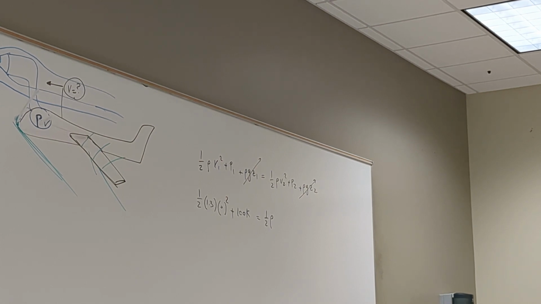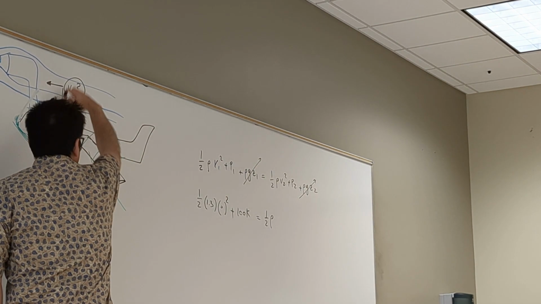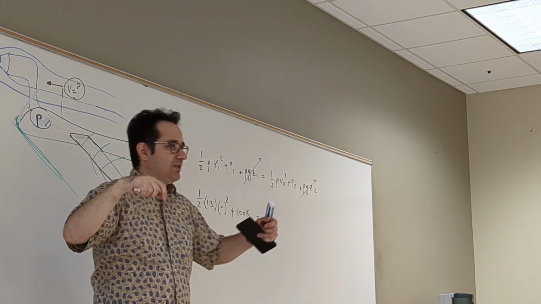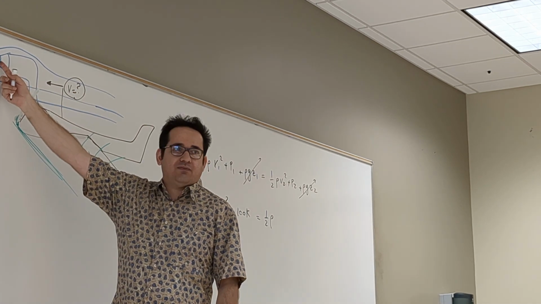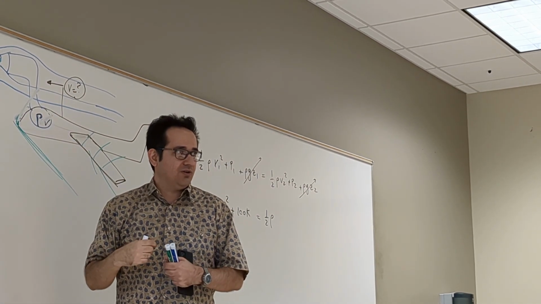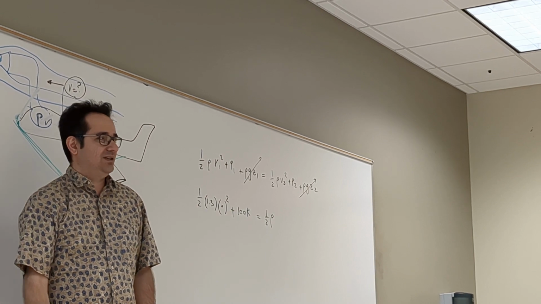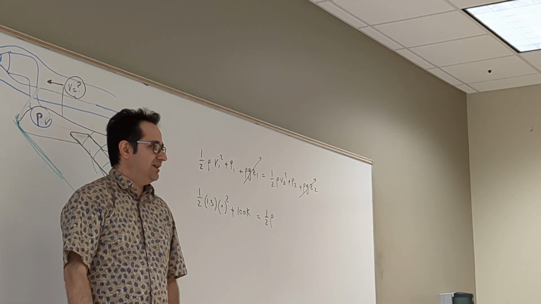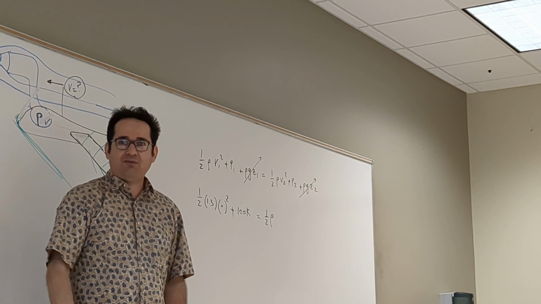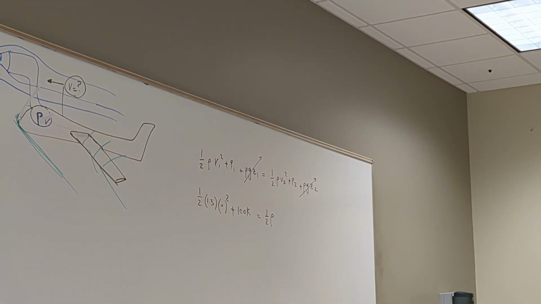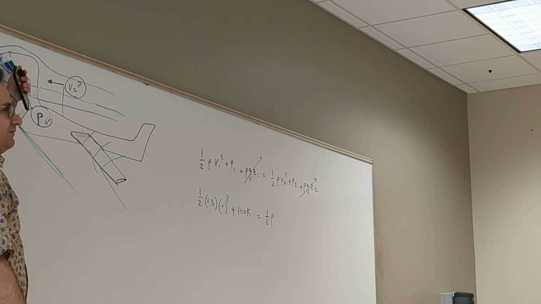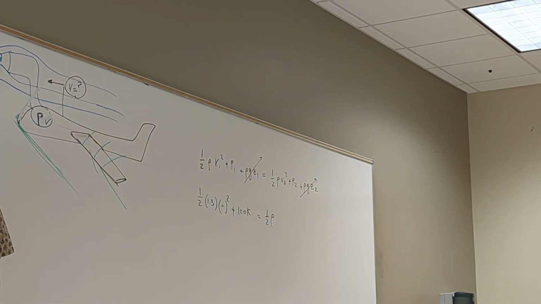So in fact, you can put your coordinate system attached to the aircraft. If you do, what do you see for velocity at yourself? At your point, 0. What do you see for the velocity at infinity? The speed of the plane. And vice versa, if you put the coordinate system in the free stream, what's the velocity at this point? V of the aircraft. What's the velocity at the free stream? 0.